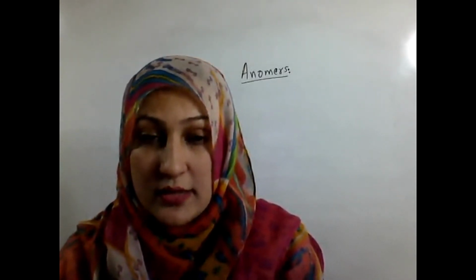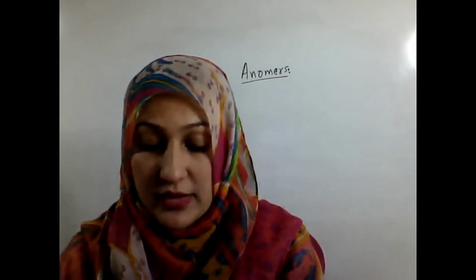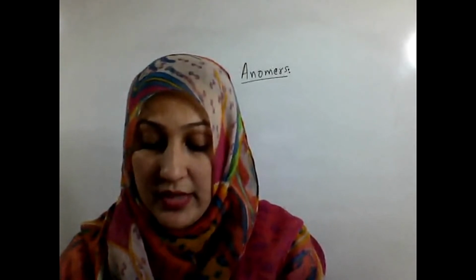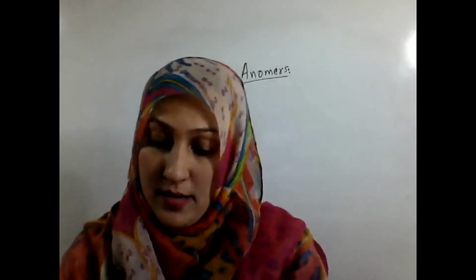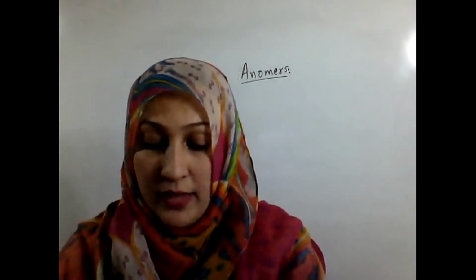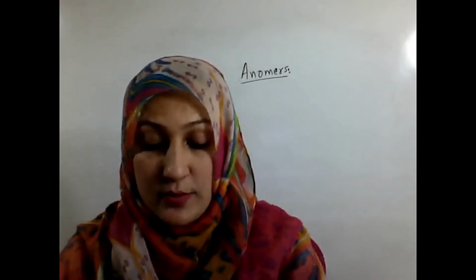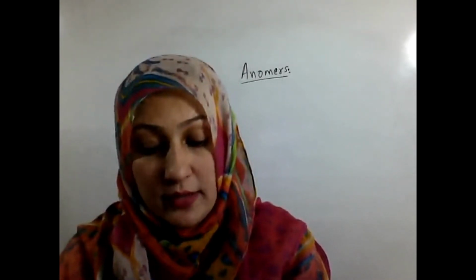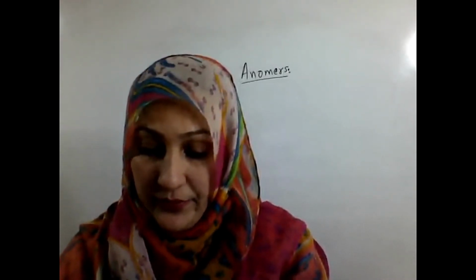Compounds related in this way are called anomers, and carbon number 1, which becomes asymmetric after cyclization, is called the anomeric carbon atom.